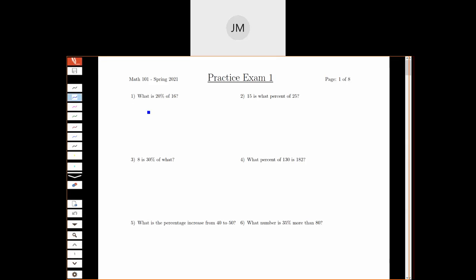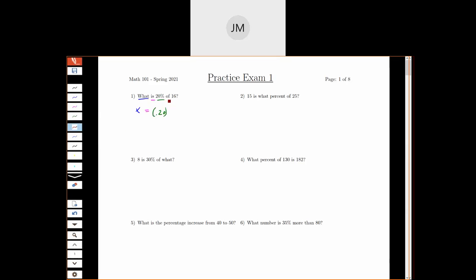What I like to do with these, as I said with that homework problem, is translate each word directly into a math symbol. When I see what, I write a variable. Is means equals. 20% I change to a decimal.